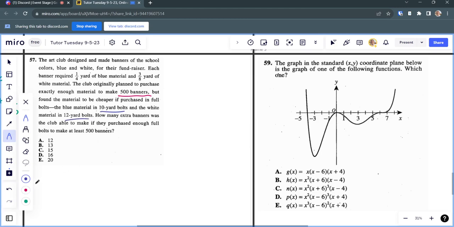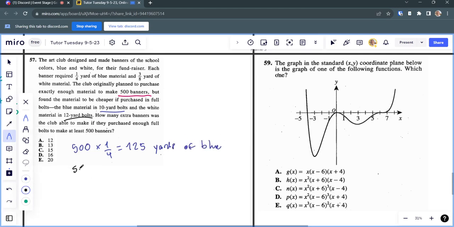How many extra banners was the club able to make if they purchased enough full bolts to make at least 500 banners? Well, let's see. How many bolts would they even need to make 500 banners? To make 500 blue banners, and each one takes 1/4 of a yard of blue material, that would take us 125 yards of blue.